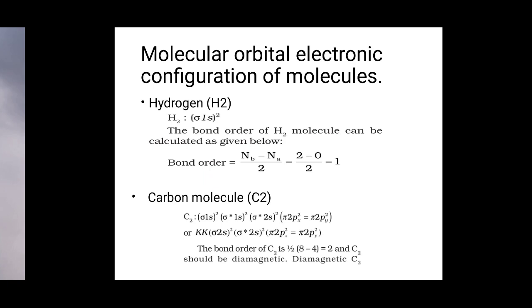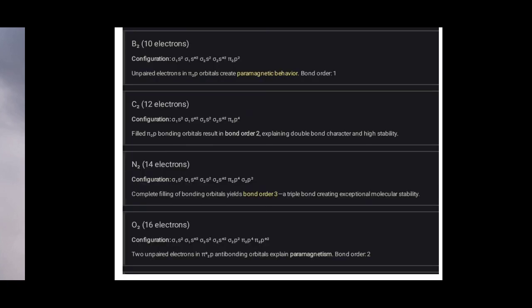So its bond order is 2, which means between two carbon atoms there will be a double bond. Similarly, we have already found the molecular electronic configuration of the boron molecule, nitrogen molecule, oxygen molecule, etc. And it is here.